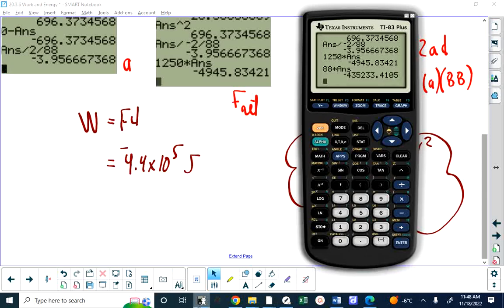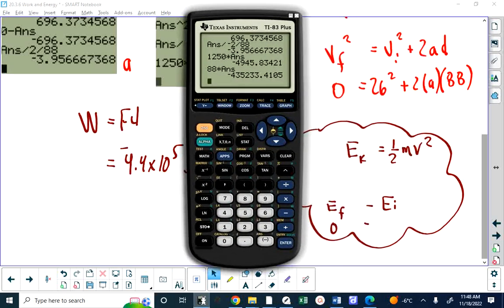I just go 0.5, I don't go 1 divided by 2, times the mass. I guess we have to do this first, 95 divided by 3.6, right? So now I'm going to go 0.5 times the mass of 1250 times that speed squared.